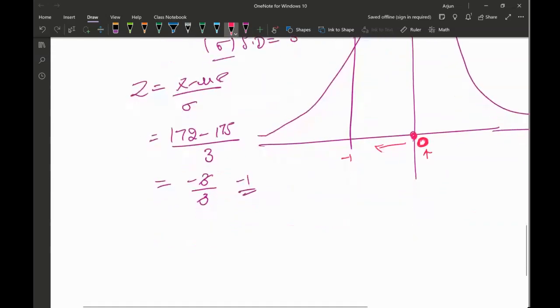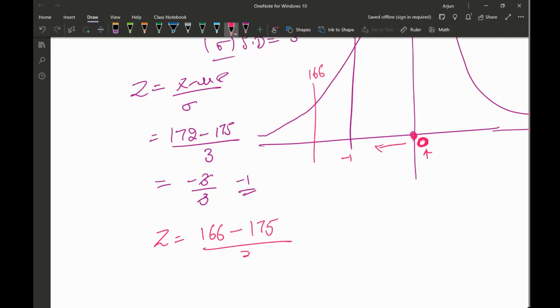Now, if I want to find the z-score at, let's say, 166 centimeters, the x value will be somewhere here at 166. 166 minus the mean value, still 175, divided by 3.